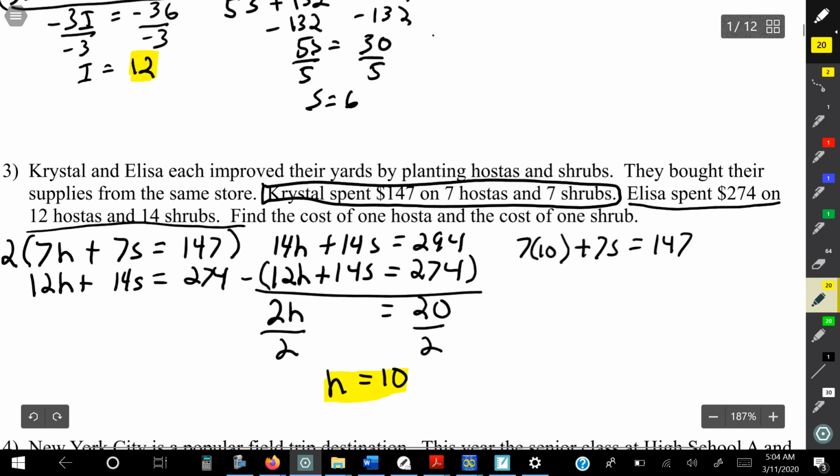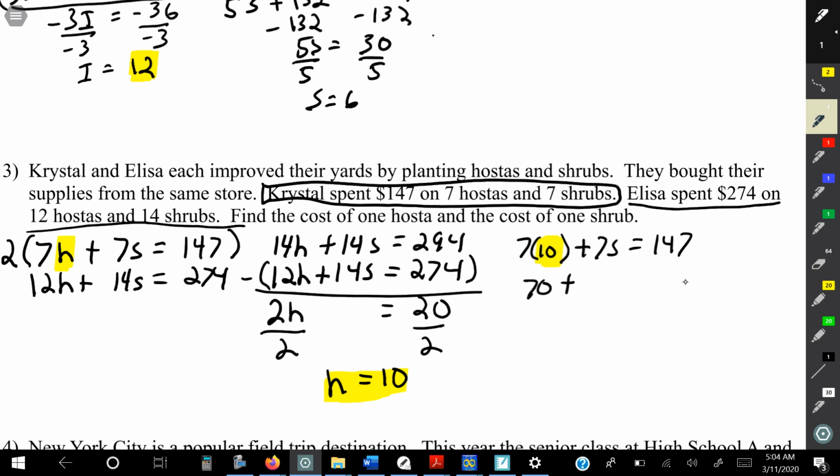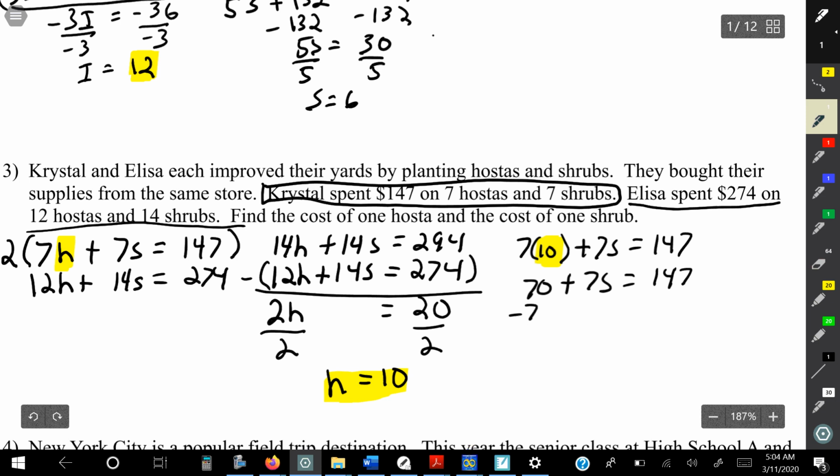So I've got H, and plug it in for H. So now I got 70 plus 7S is equal to 147. Subtract 70 on both sides. That gets me to 77. Then divide by 7. And S is equal to 11.